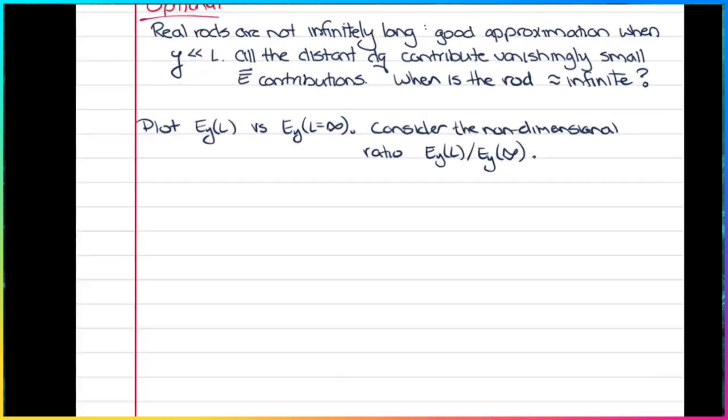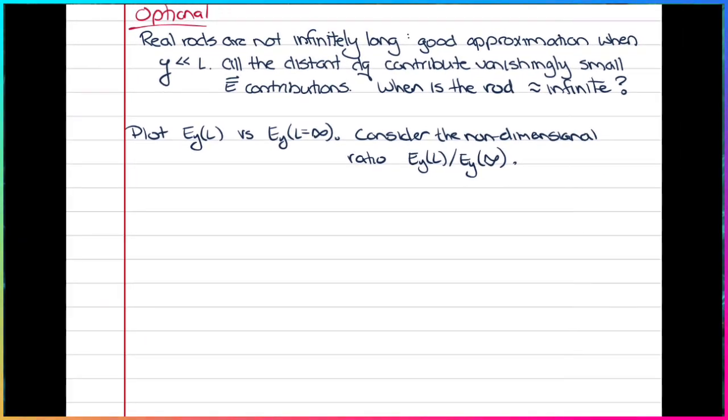Another way to think about it is that you could essentially take a ratio and non-dimensionalize things. So you want to compare the electric field from the finite wire versus the electric field for the infinite wire.